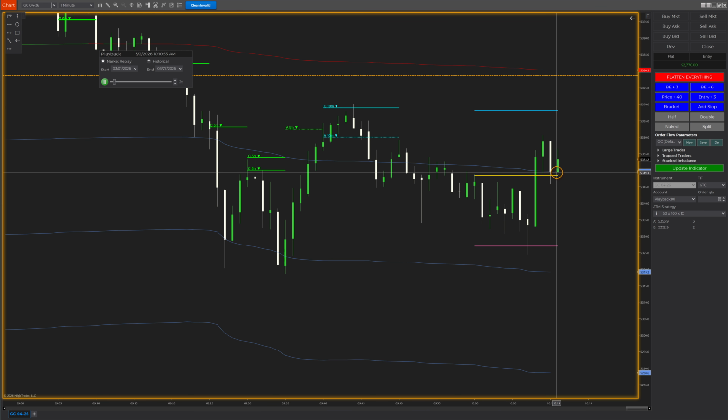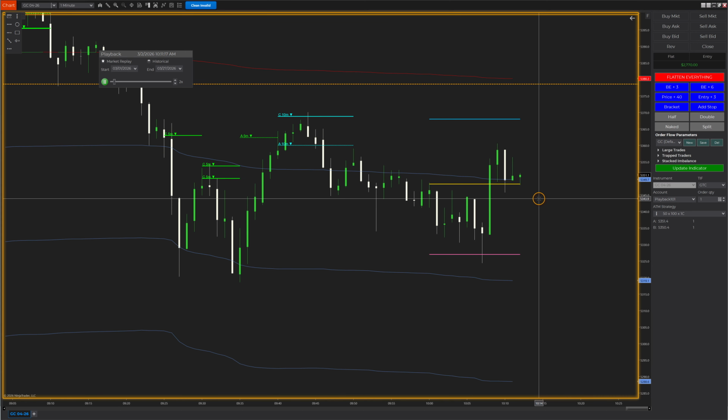I mean, if I had entered quickly, that's still a valid trade, but it's not the type of bar that I like to see. It's not breaking below this.